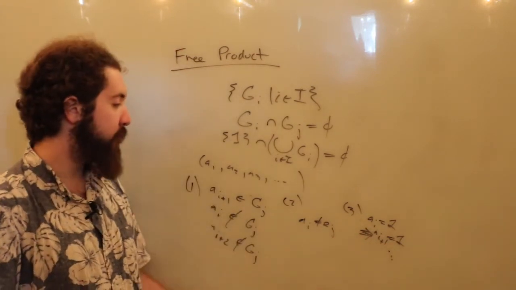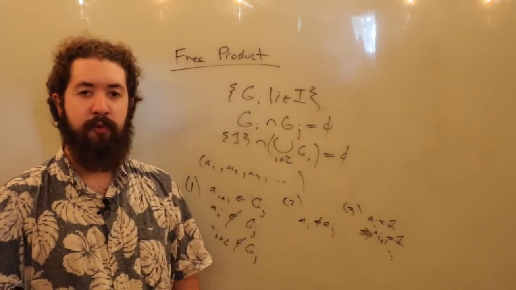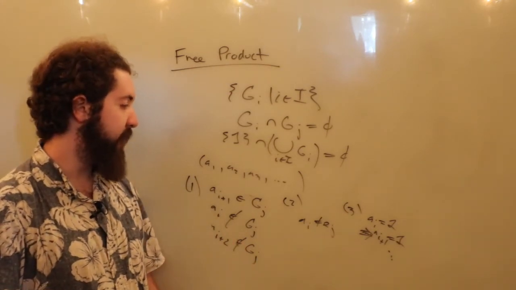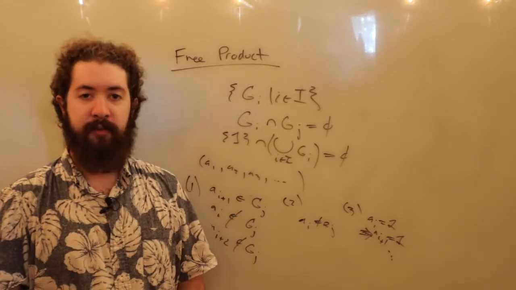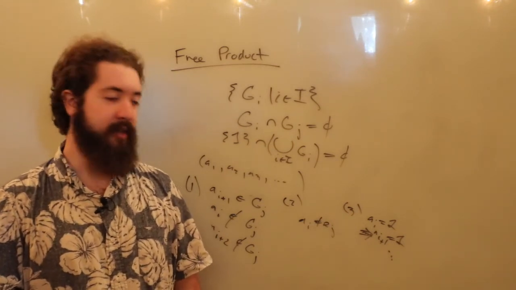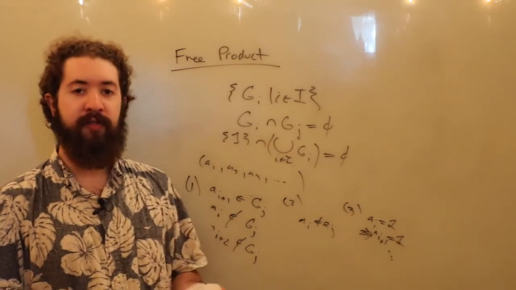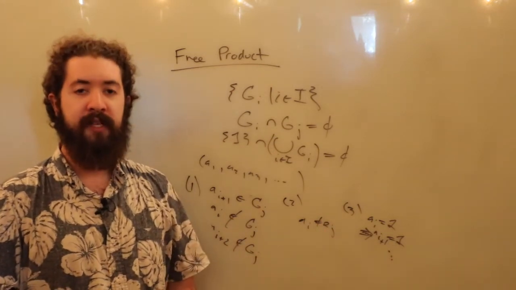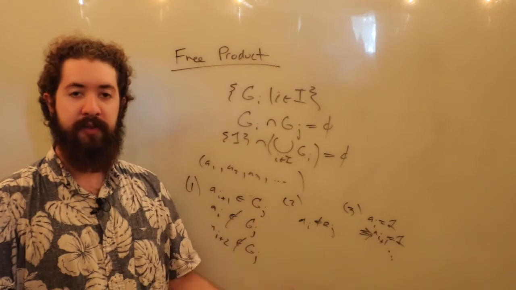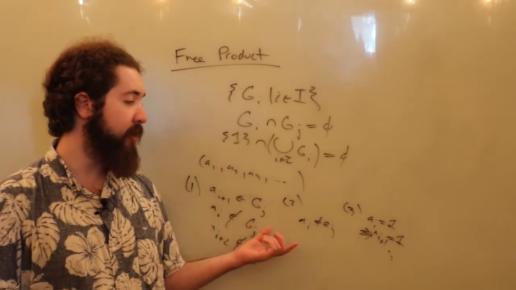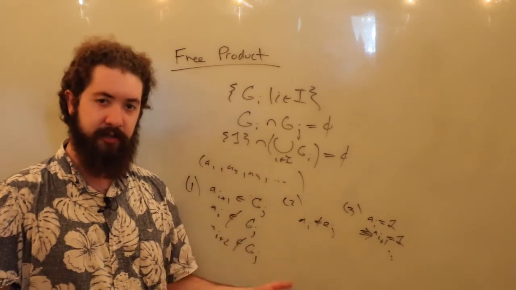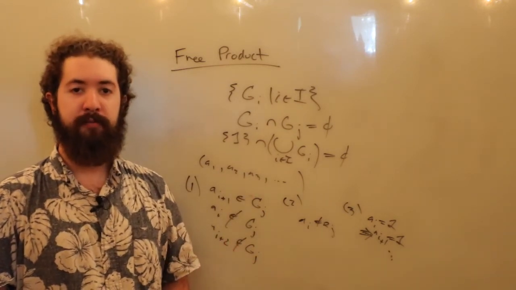Those are going to be our rules for reduced words, and the reduction process is fairly obvious. If you have 2 inverses next to each other, once again, they're going to cancel out, so you remove them. If you have an identity element in there, you remove it. And the multiplication process is once again just concatenation of words plus the reduction. So just as before.